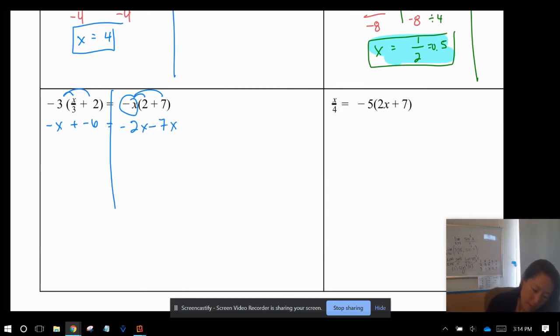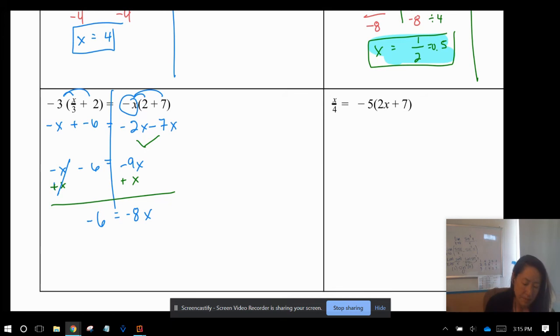Okay, we're going to combine our like terms next. So on the right side, we get negative 2x plus 7x plus negative 7x is negative 9x, is equal to negative x minus 6. Next, I'm going to add x to both sides to move the x's together, giving me negative 6 is equal to negative 8x.